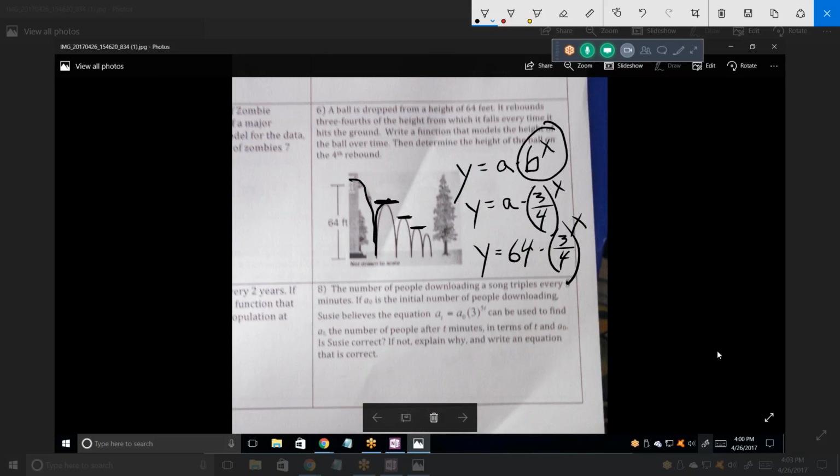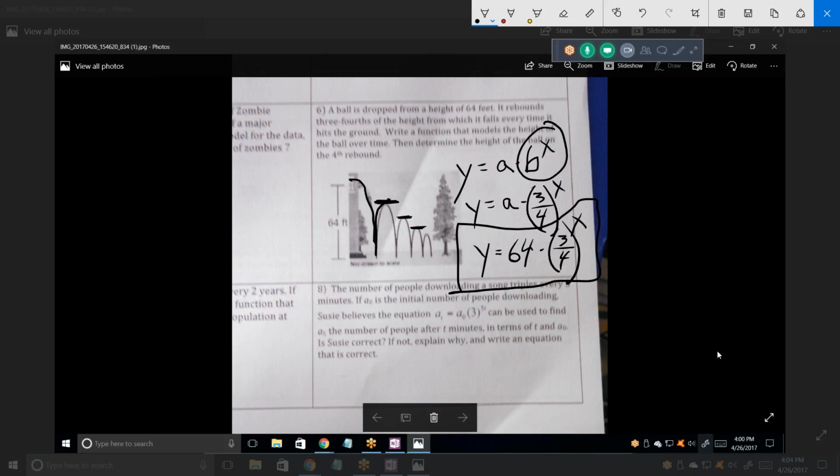So it rebounds, okay, write a function that models the height of the ball over time. Well, that's it right there. And notice that when x is 0, the height would be 64. In other words, before it's been dropped, the height is 64.